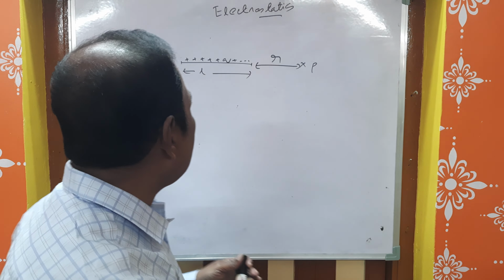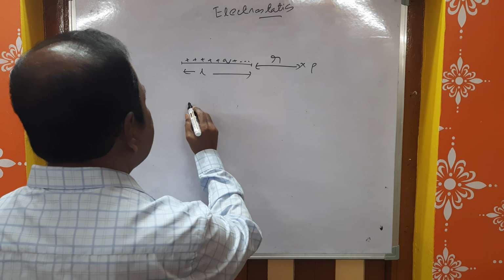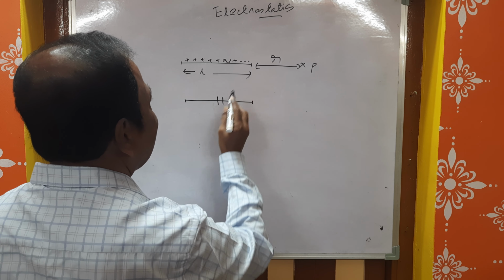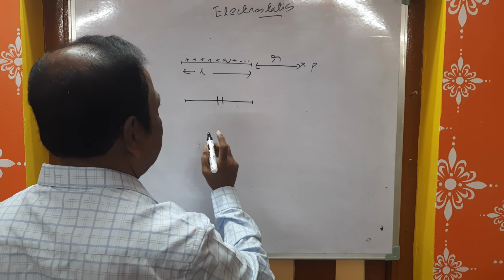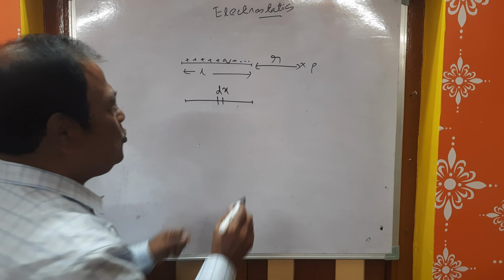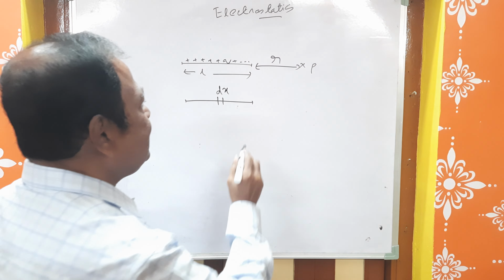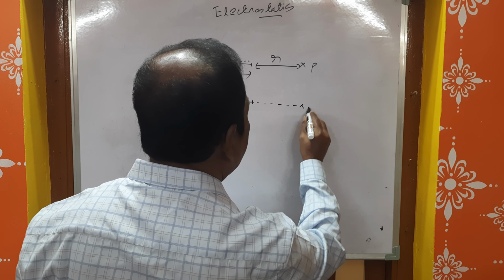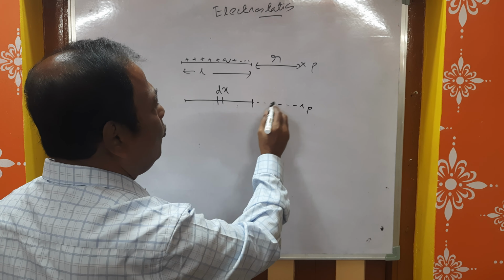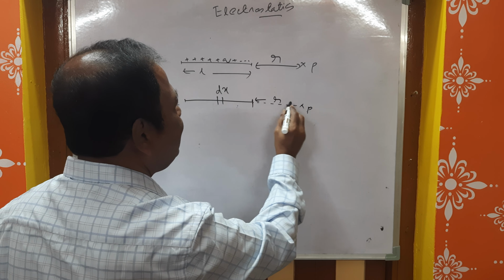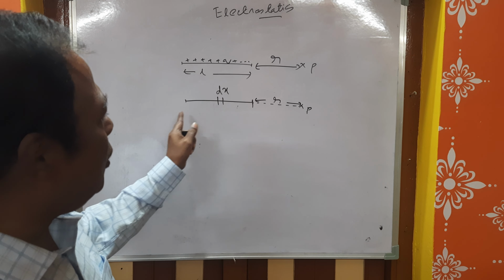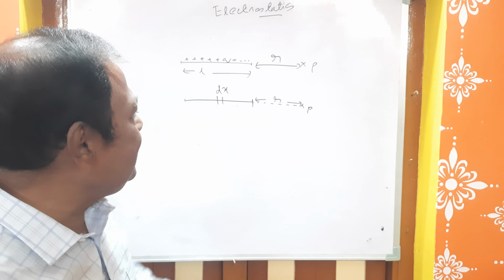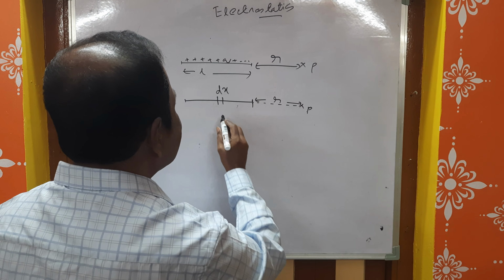I have to find the intensity at point P. This distance from one end is R, and point P is at distance x from this section.